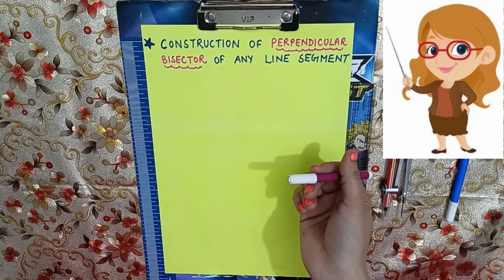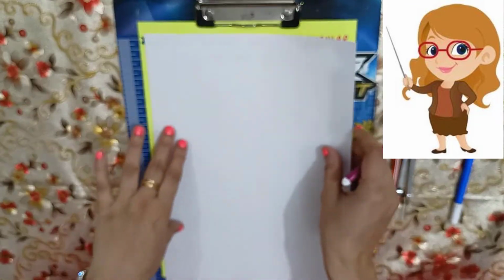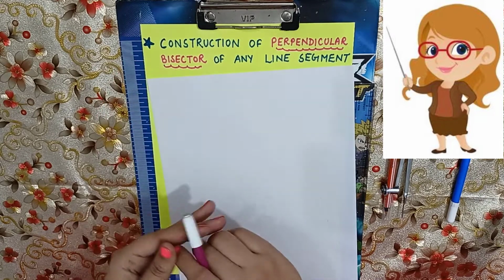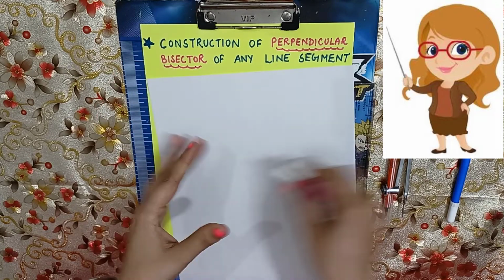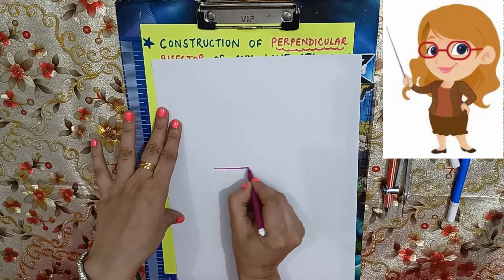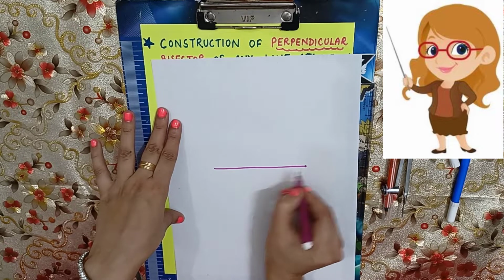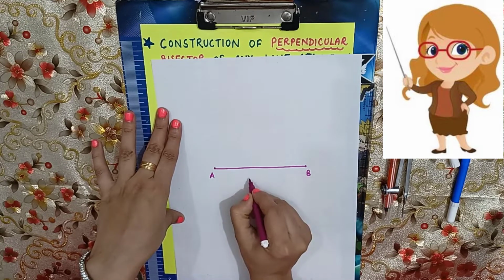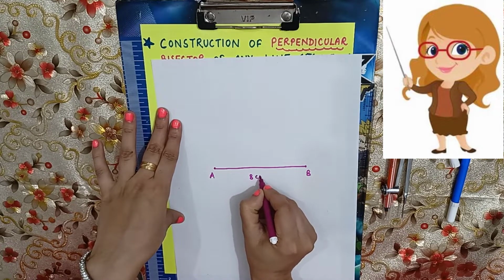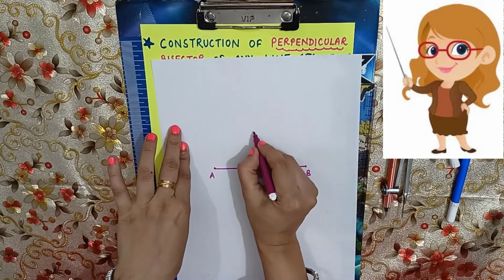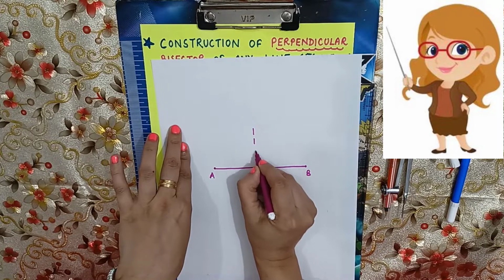So let us learn it with a rough diagram. First of all, I am drawing a rough diagram. Then we will learn how to construct it by using compass. For example, if this is a line segment whose length is 8 centimeter, let's name it AB. So its perpendicular bisector will somewhat look like this.